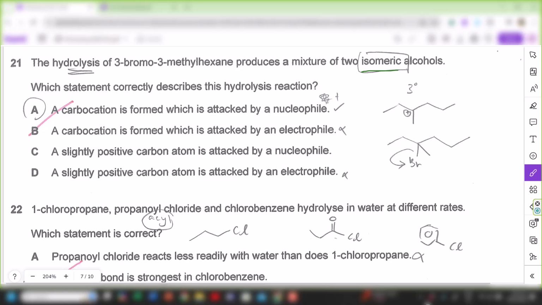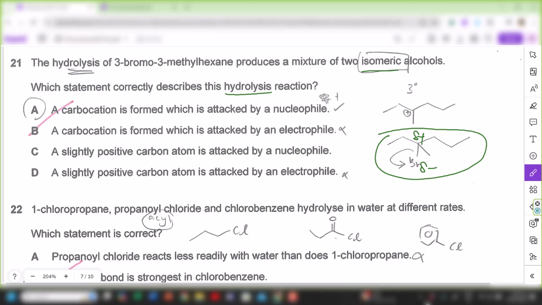The question already highlighted that it's a hydrolysis reaction involving a tertiary alkyl bromide. The students already drew it out here, so I won't draw it out again. So it's delta plus, delta minus. If it involves a tertiary alkyl bromide and it's a hydrolysis reaction, that means it is likely to be of SN1 nature.